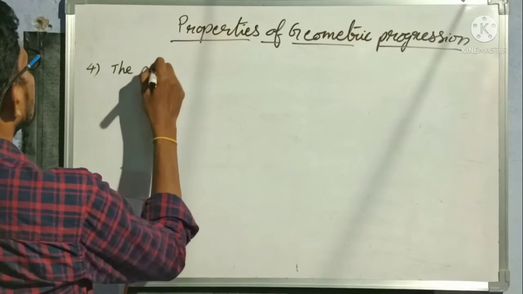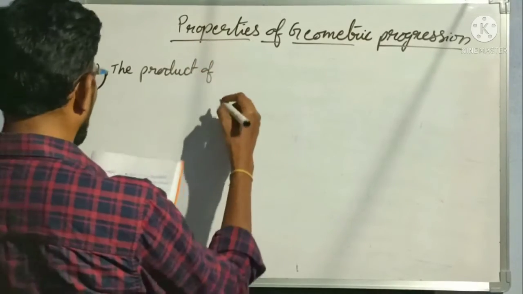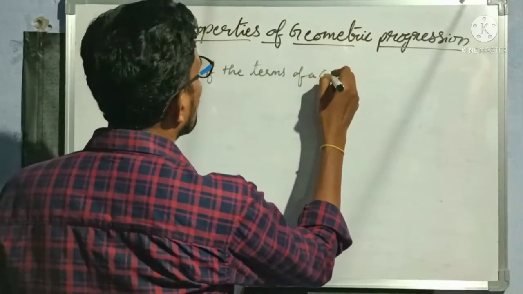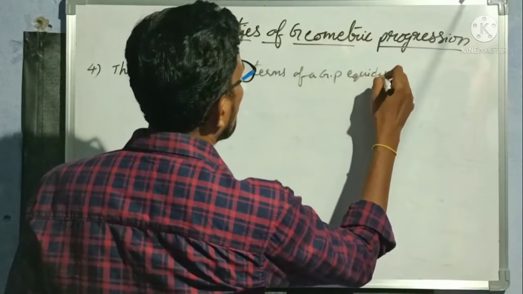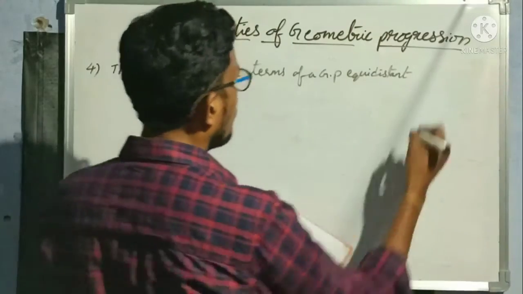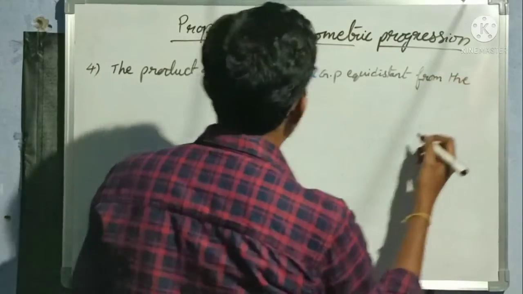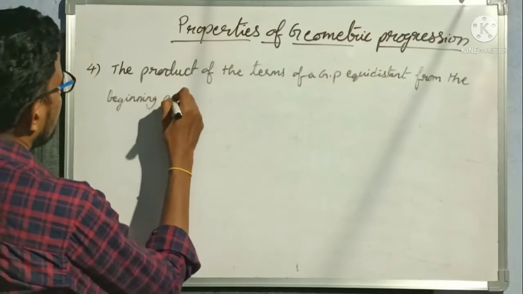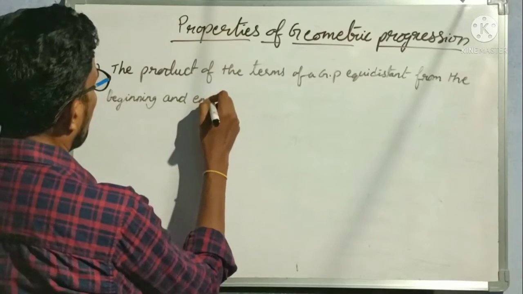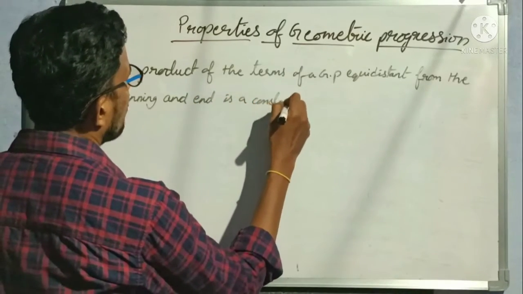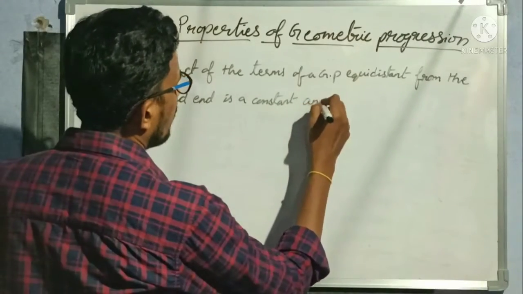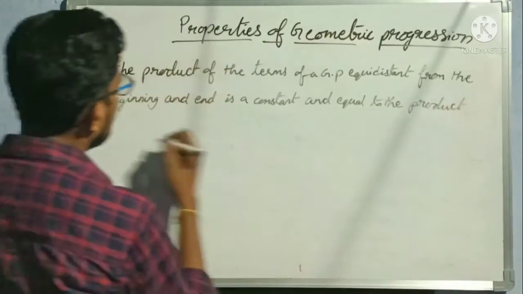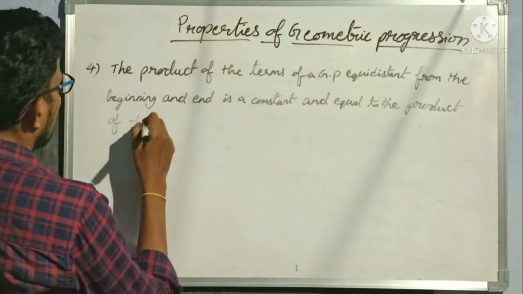The product of the terms of a GP equidistant from the beginning and end is a constant, and equal to the product of the first and the last terms.